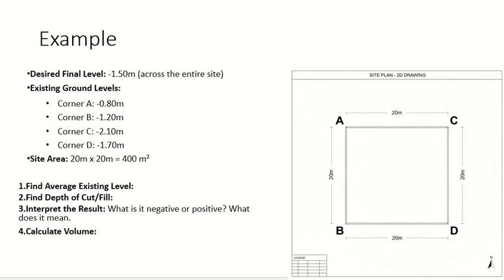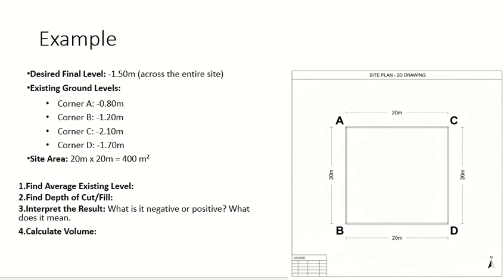So if the plot is bigger or the difference is too high, then you have to take more observations, and then we can apply another method for calculating the excavation. But right now our plot is smaller, and the difference is relatively low, so 4 corners are enough. So it's a relatively easy example which will not come in the exam, right? Only to make you happy in the class.